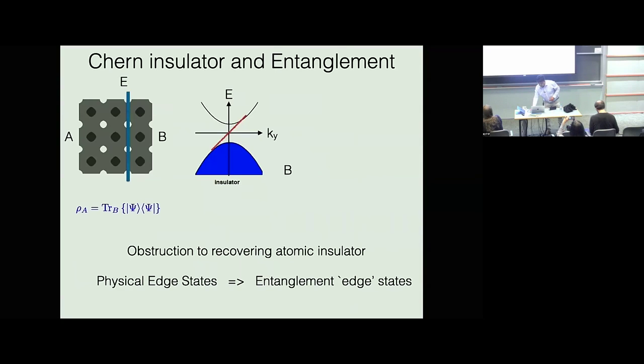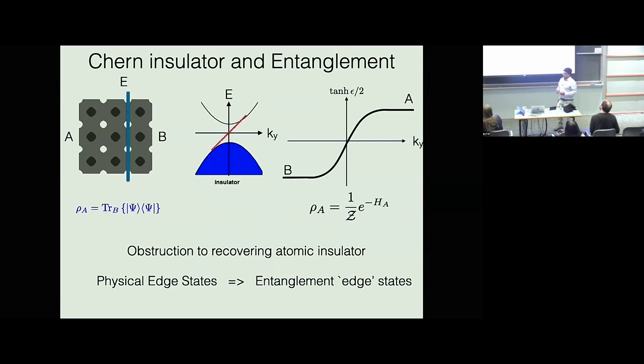Okay, so if you were to make a cut in real space, divide your system, look at the reduced density matrix, it must have a spectrum that reflects the edge state that you would get if you had a physical edge. Okay, so this implies you can't really shrink your atomic wave functions down to the wave functions of the insulator.